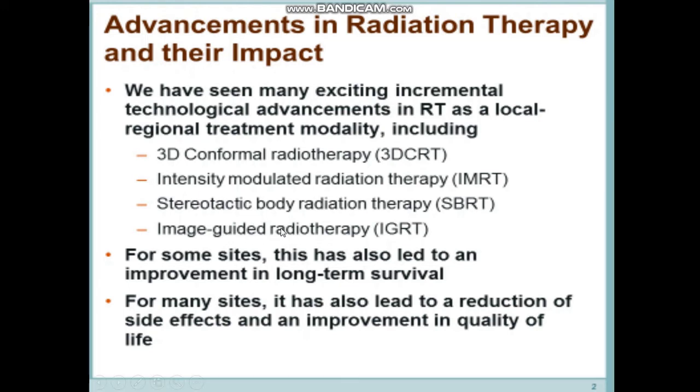Image-guided radiotherapy. As treatment margins become more conformal, the potential to miss tumor due to organ motion and patient setup variations becomes greater. When critical structures are close to the tumor, a slight positional error may also lead to inadvertent radiation of the normal organs.